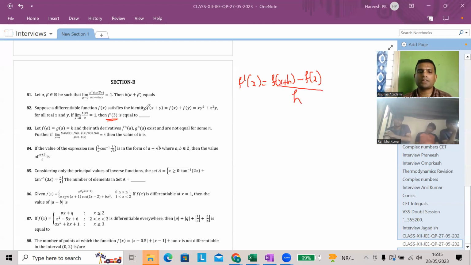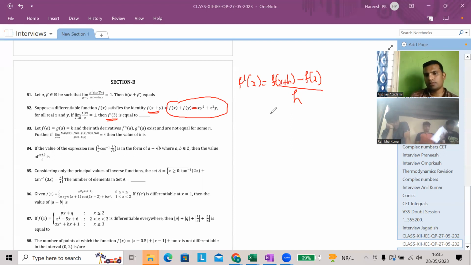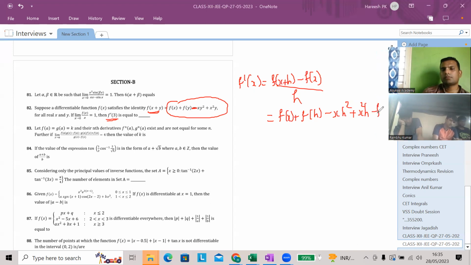And f of x plus h, we have to substitute from here. So f of x plus h is f of x plus f of h minus x h square plus x square h. So this will get cancelled.